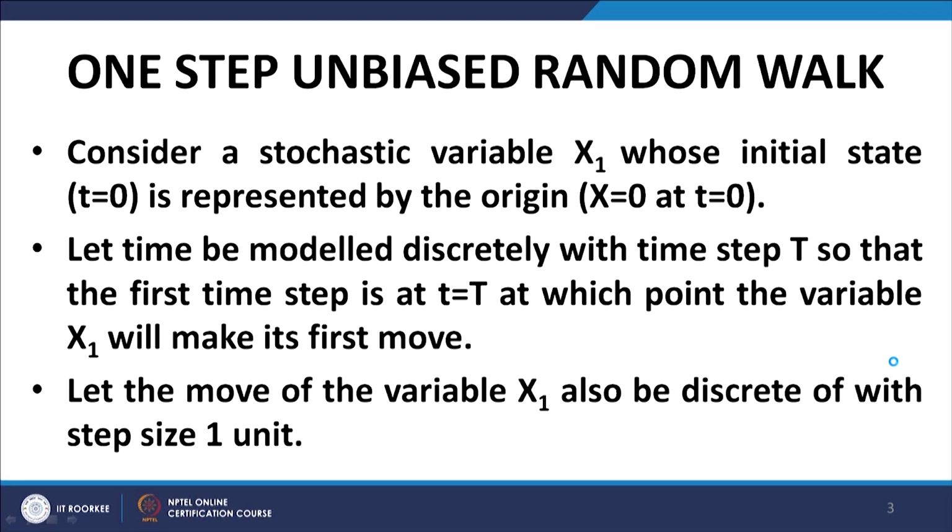Suppose you program your computer in such a way that it picks out an integer randomly, and depending on whether that choice happens to be an odd integer or an even integer, if it is an even integer, say it moves one step upwards, and if it is an odd integer, it moves one step downwards.